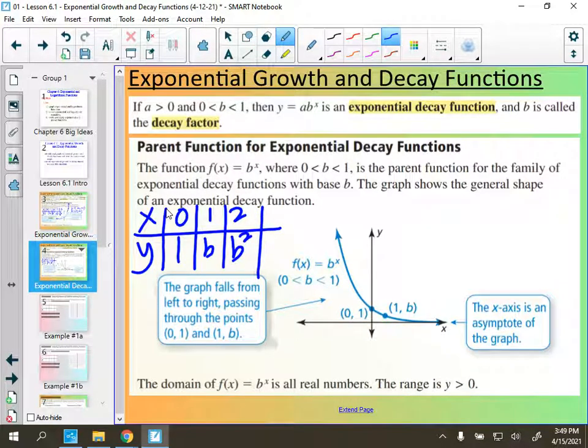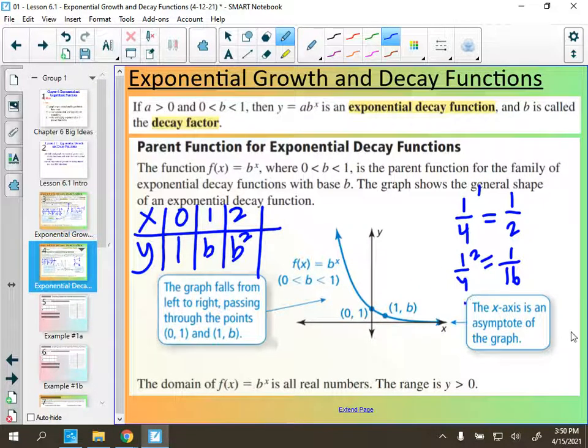Let's just look at a mini example using 1/4 as my base. When I take that to the first power, I get 1/4. But when I take that to the second power, and I'm just using 1/4 as an example that we can hopefully relate to, that's 1/16. We're getting smaller as we plug in bigger and bigger exponents, right?